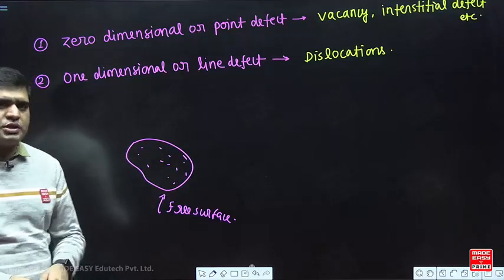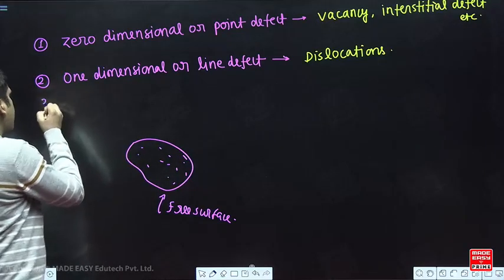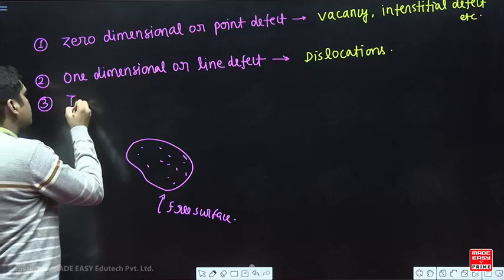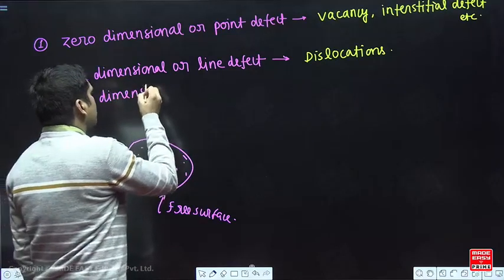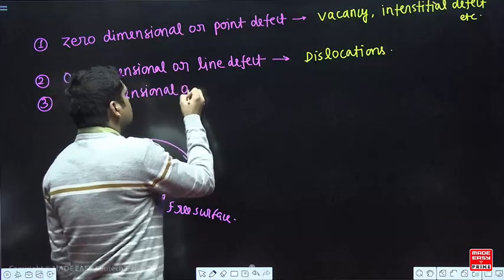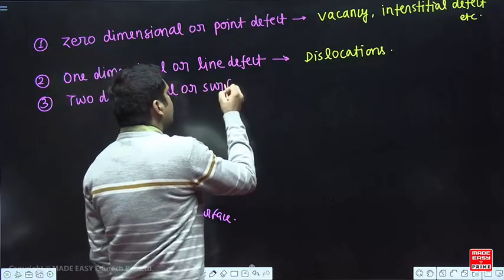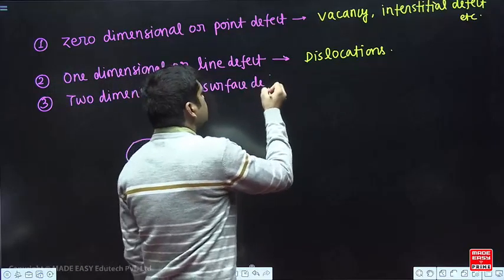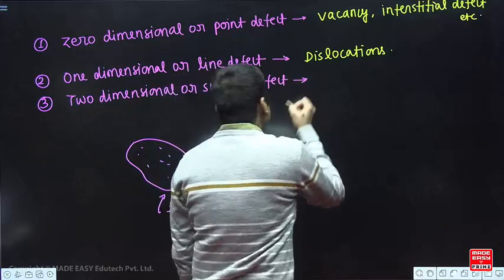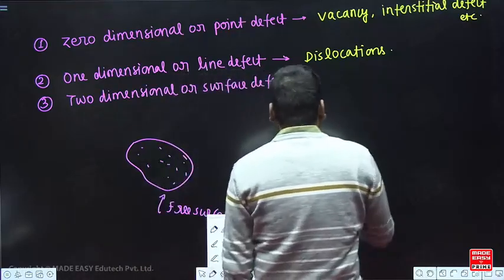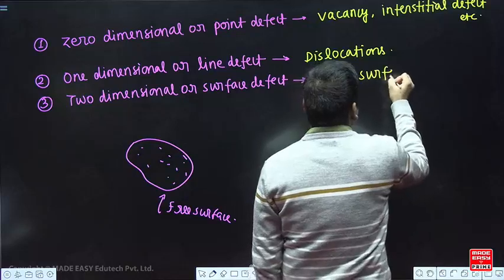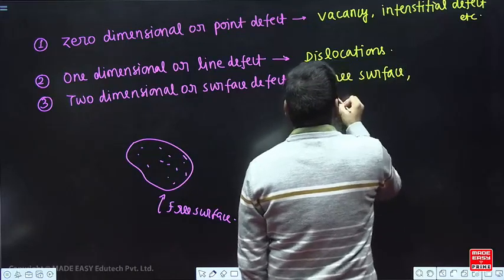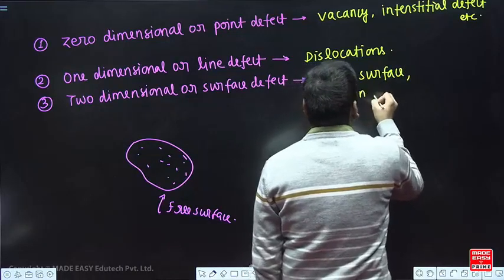So we have two-dimensional or surface defects. Examples are free surface and grain boundaries.